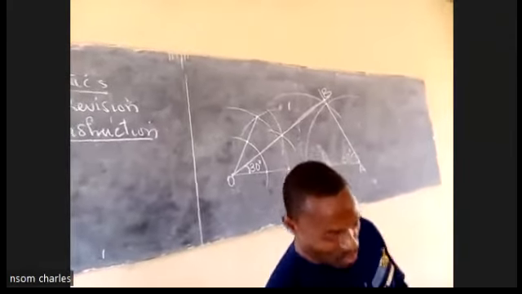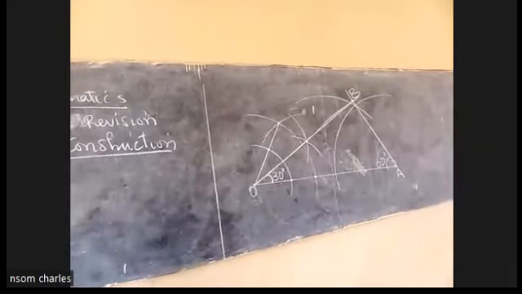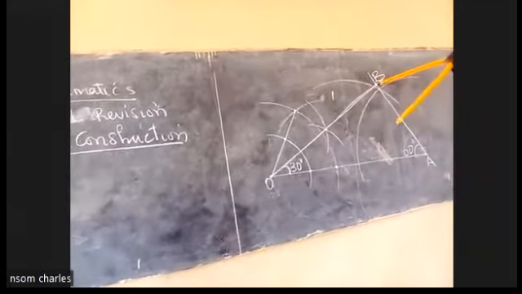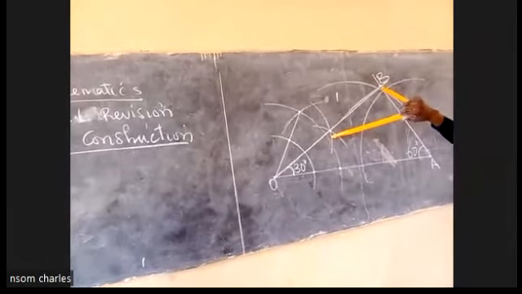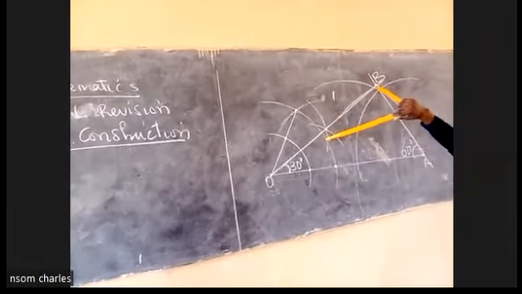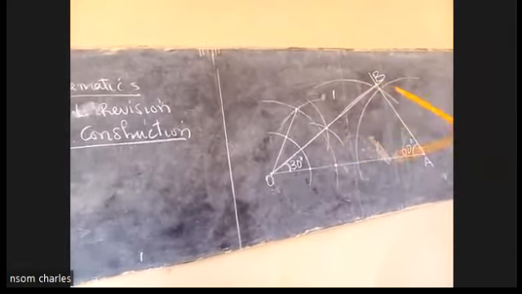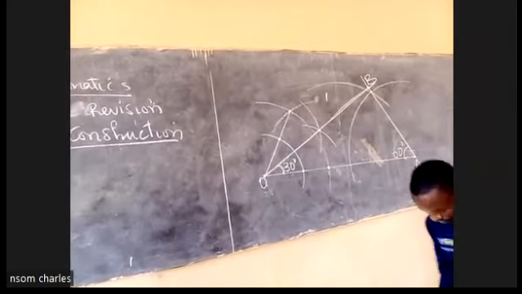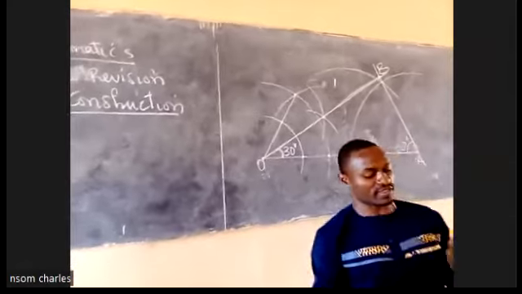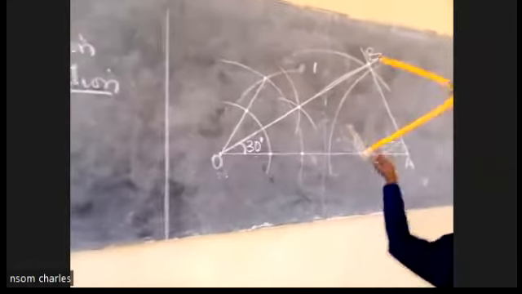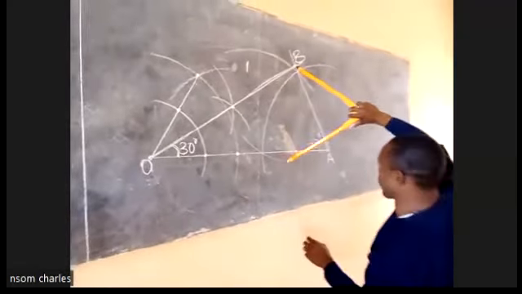And we were told that to construct a perpendicular, we pick up our compass, place it on that point, right? And do what? Make sure we draw an arc that will cut that line at 2 points.